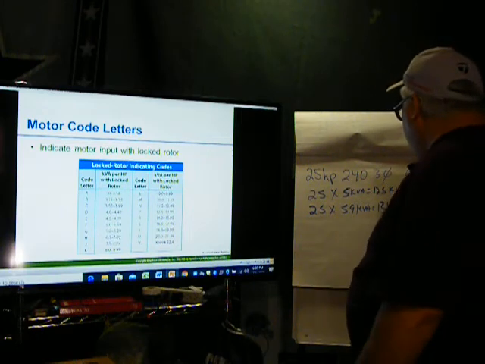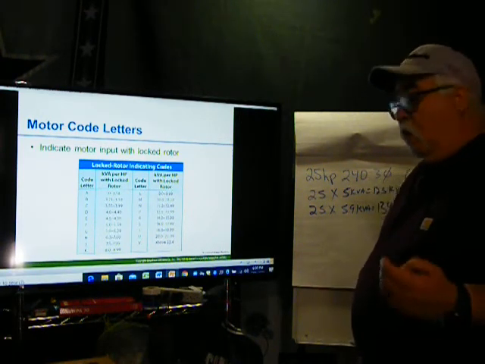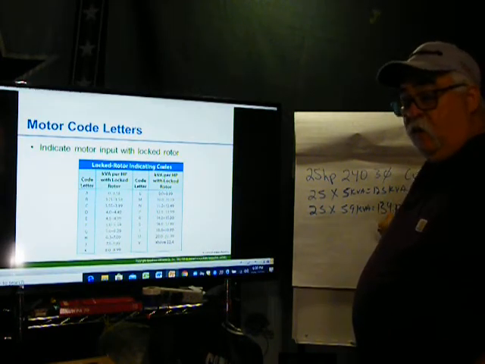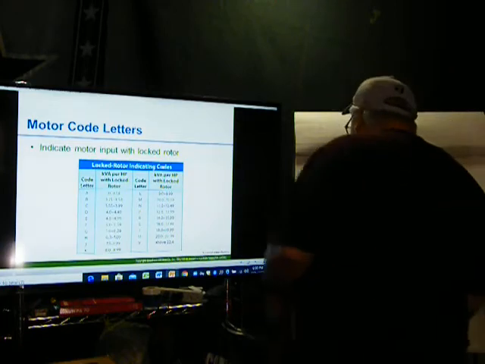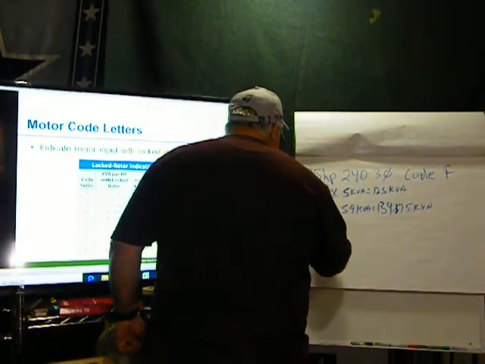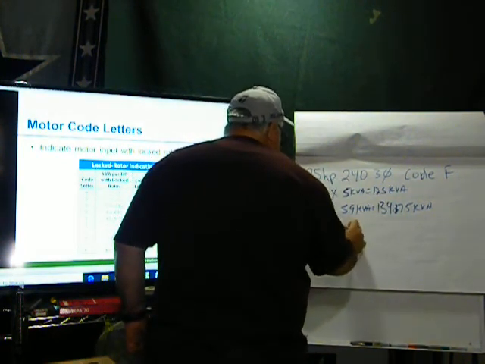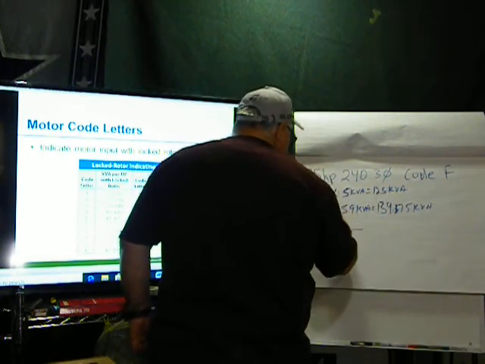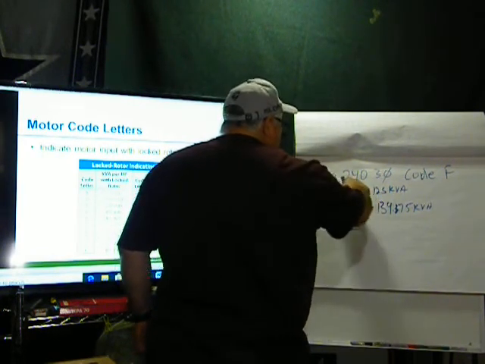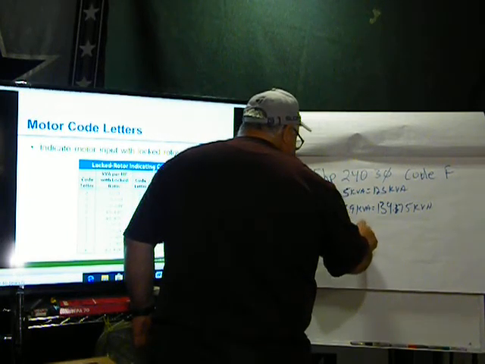Okay, so right now, kVA, this is watts. So we know the voltage, we know the watts of the motor. Now we have to find the amps. So I equals P divided by E. We get the first one, 125,000 divided by 240 times 1.732.